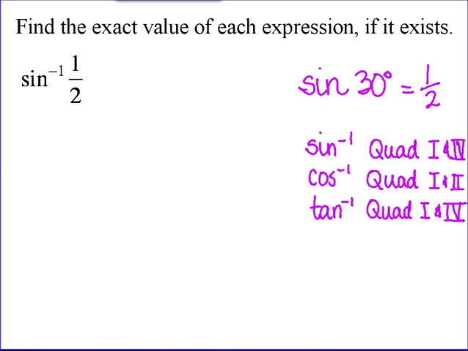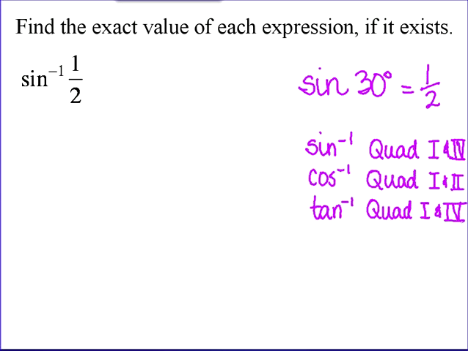Okay, file those away. Now, where I'm getting 1 and 4, 1 and 2, 1 and 4, that is from the range. If you remember, the range of sine was -pi/2 to +pi/2. That is quadrants 1 and 4. Cosine, the inverse cosine range was 0 to 180. That is in quadrants 1 and 2.